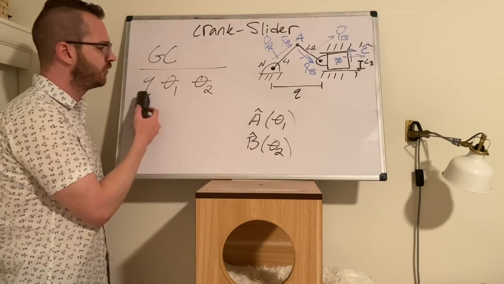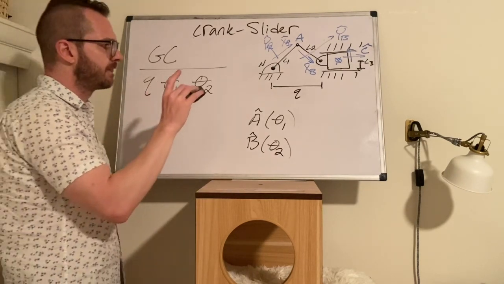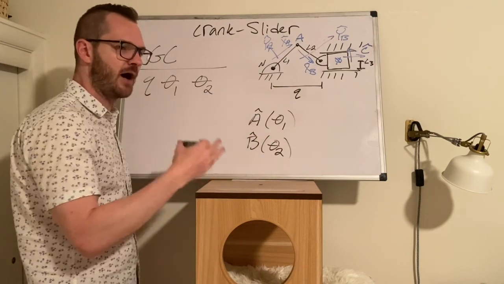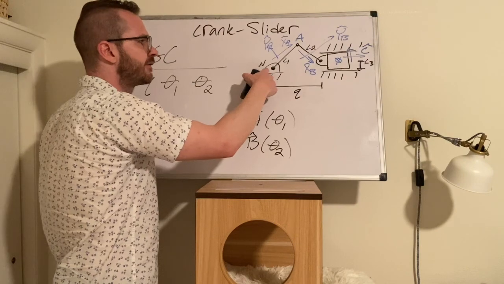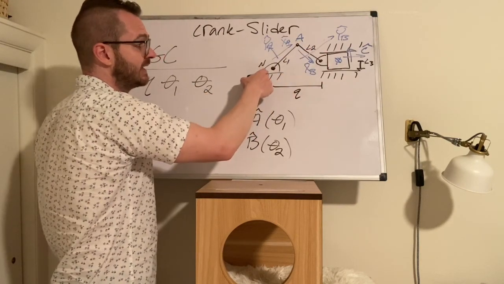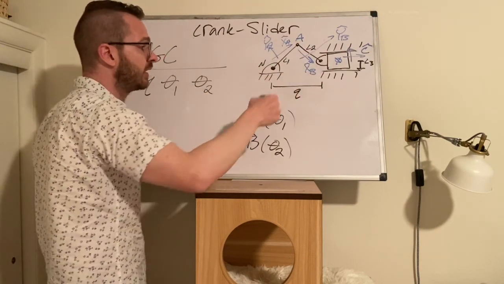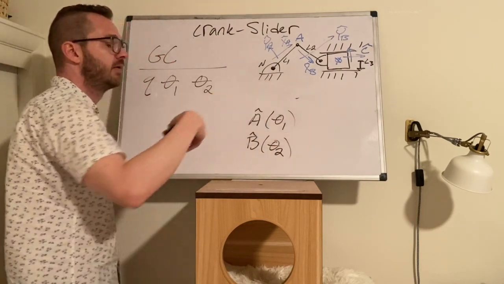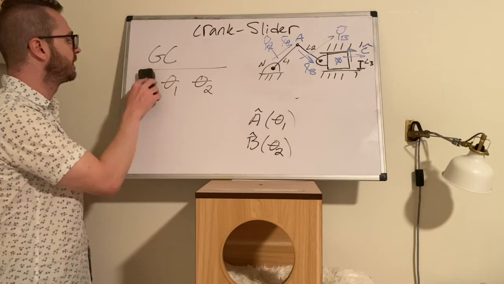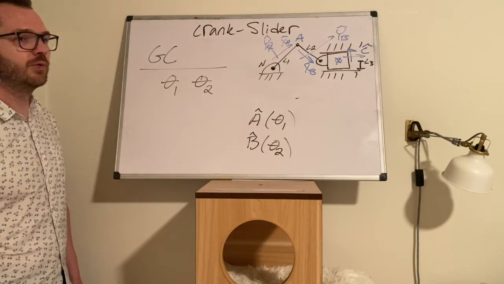Now, I do want to make a point about this Q. I very specifically went out of my way to write the position vector into B, first through the mechanism, and then again directly. So what if you hadn't thought about that one? What if you just did that, and on your generalized coordinates you only have 2?